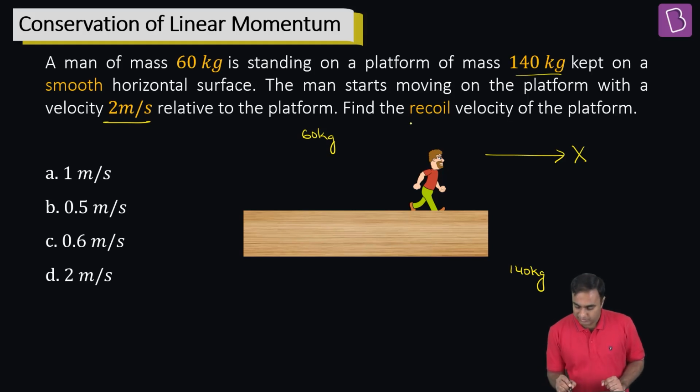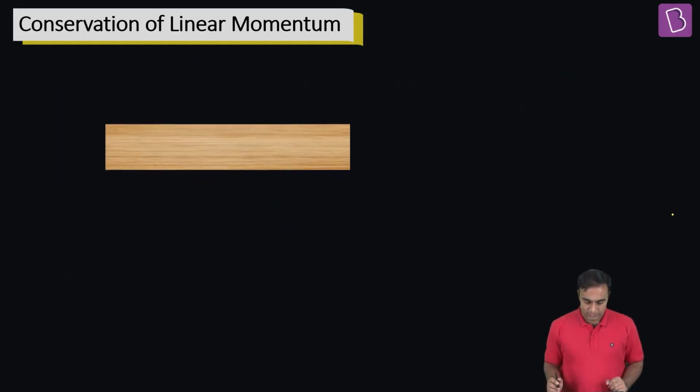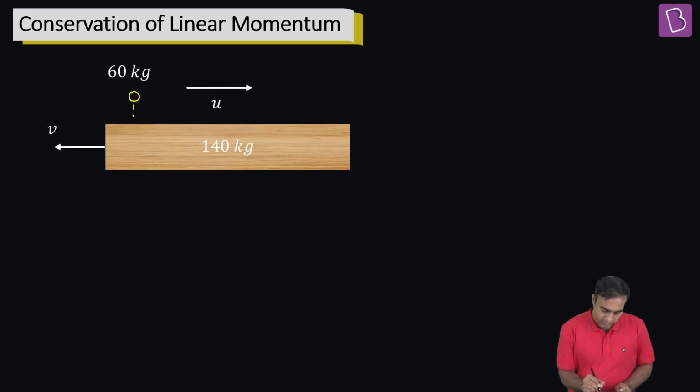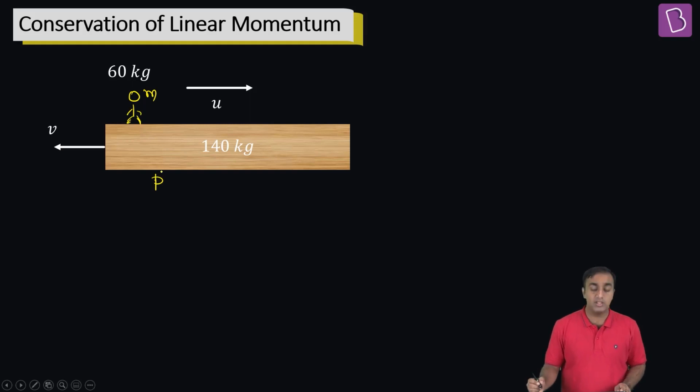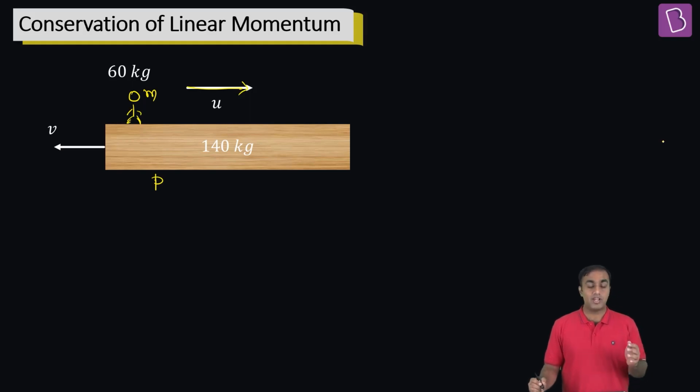We are supposed to find the recoil velocity of the platform. With respect to whom? With respect to a person on the ground. So let's do one thing. We will consider this to be the system where man is denoted by small m, platform is denoted by P, and he is moving in this direction with a relative velocity u, relative to what?